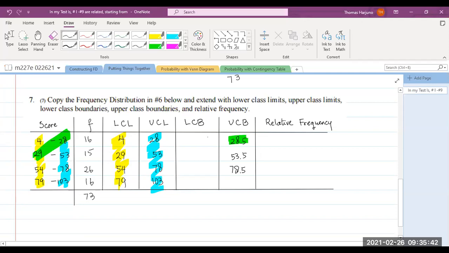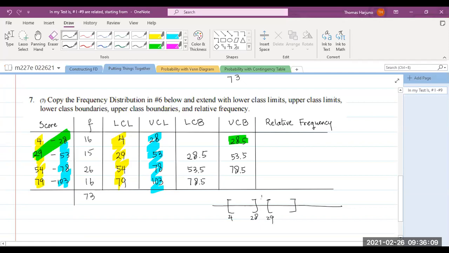And the nice thing is the upper class boundary of the first class is also the lower class boundary of the next class. So they share the same fence. Okay, so imagine these are the classes. This is 4 to 28, this is 29.